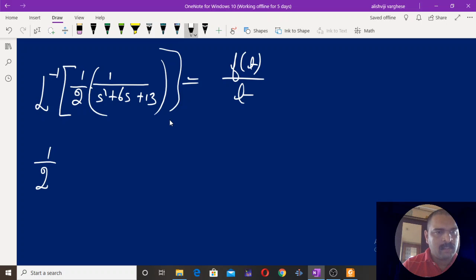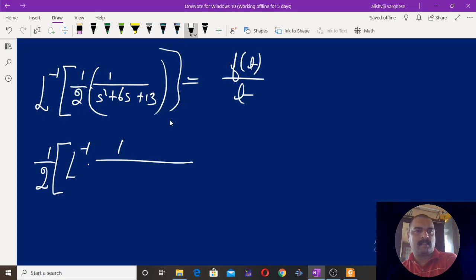So for that we rewrite it as a perfect square. So s square plus 6s plus 13. It is s square plus 6s.